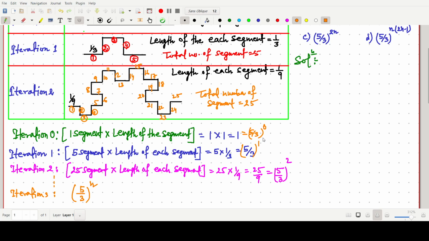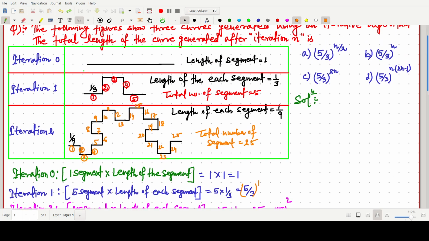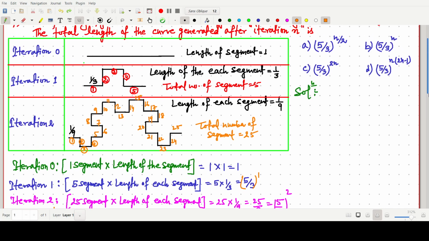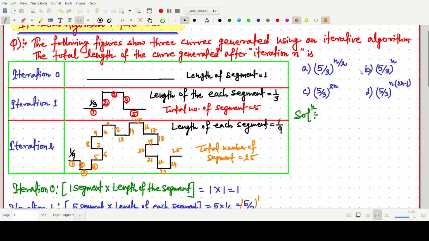So the value is like this: 1, 5 by 3, 5 by 3 square, and so on, so for iteration n it will be 5 by 3 to the power n.